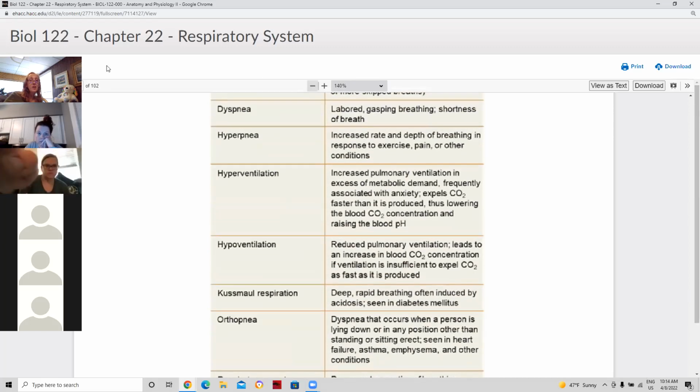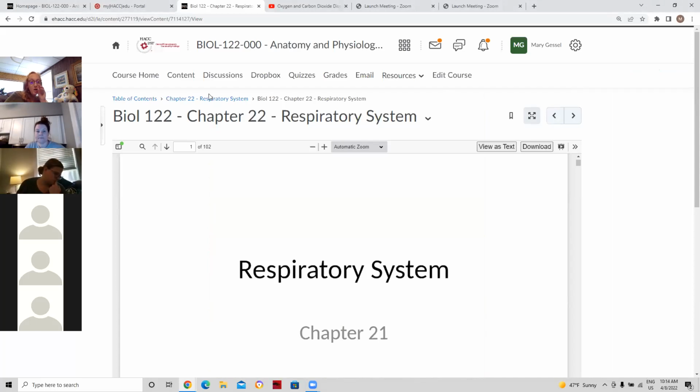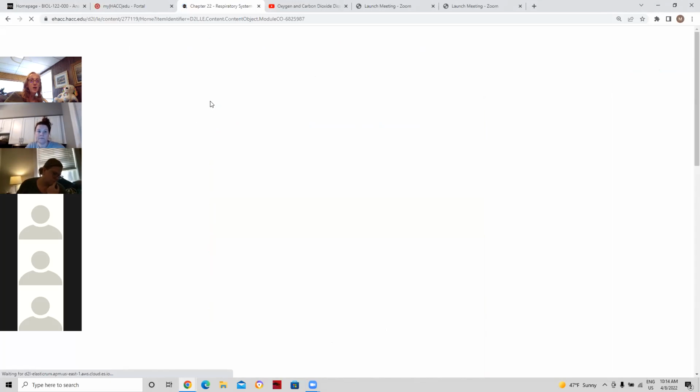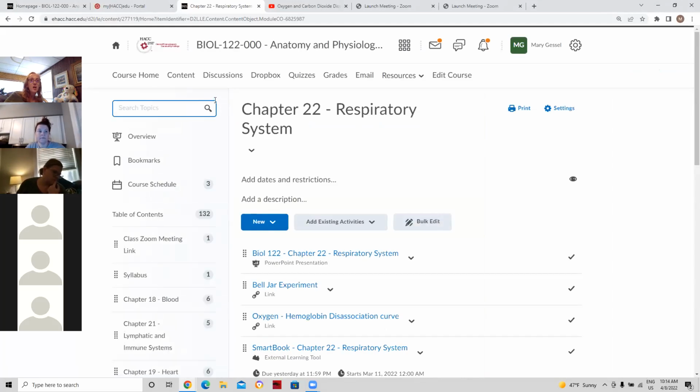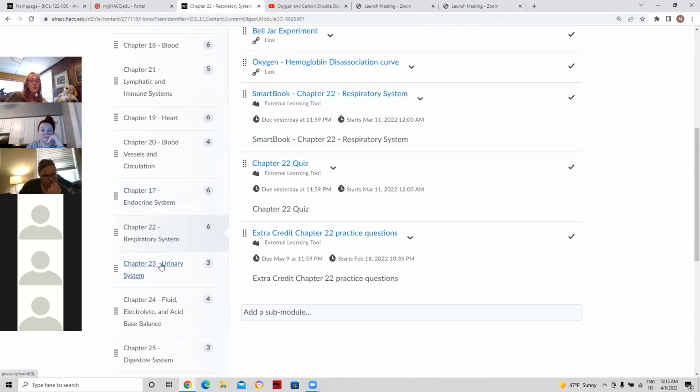Let's jump into the urinary system. So we're talking a lot about acid-base balance. And acid-base balance is being regulated by both the respiratory system and the urinary system.